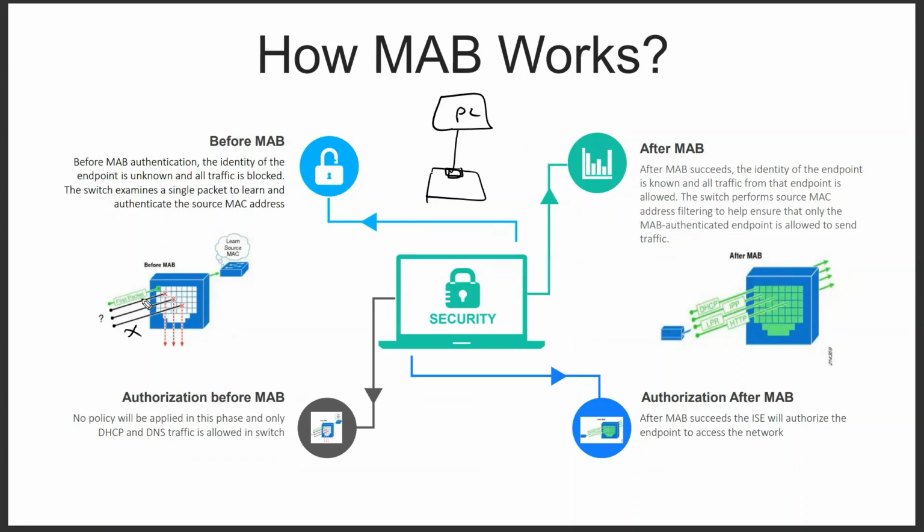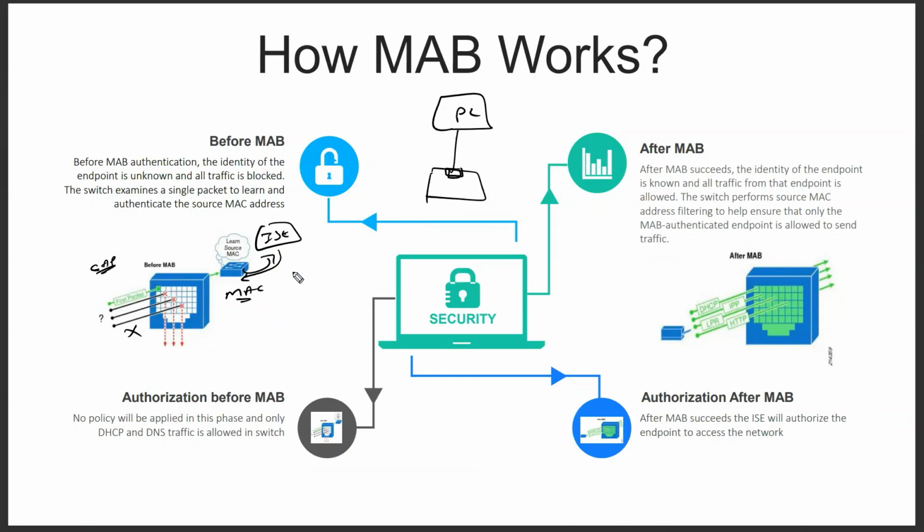The only traffic which will be allowed is the first packet, that is the EAP packet, because with that the switch is able to learn the MAC address of that particular machine and forward that information to the ISE. And ISE will go through the endpoint details and the policy sets and return whether it is an access accept or access reject.